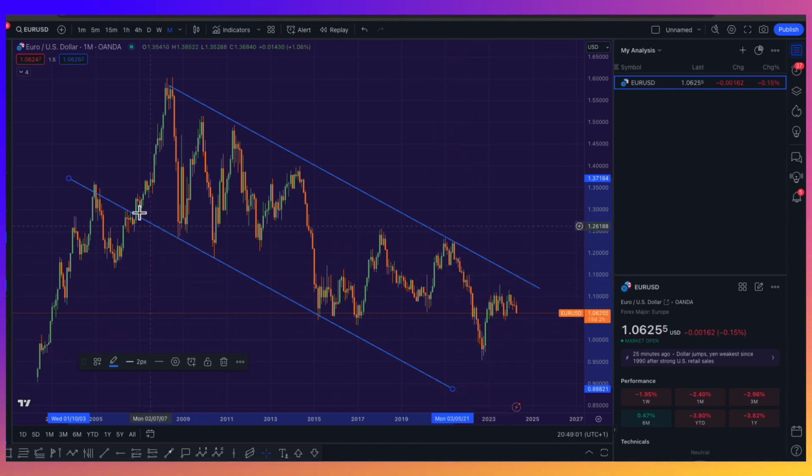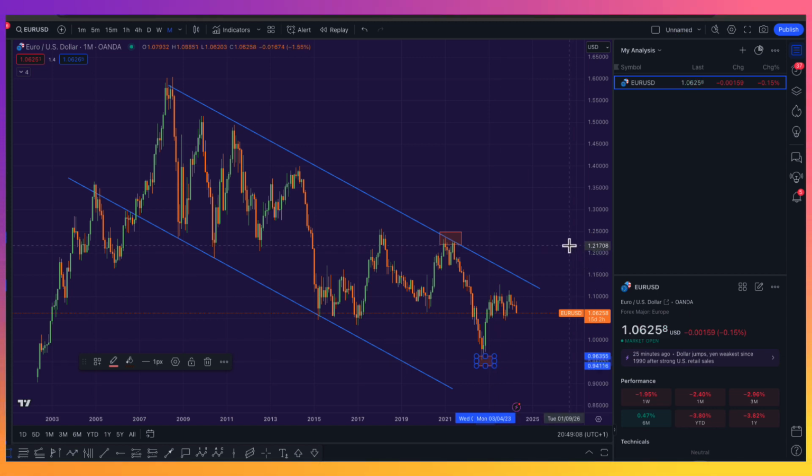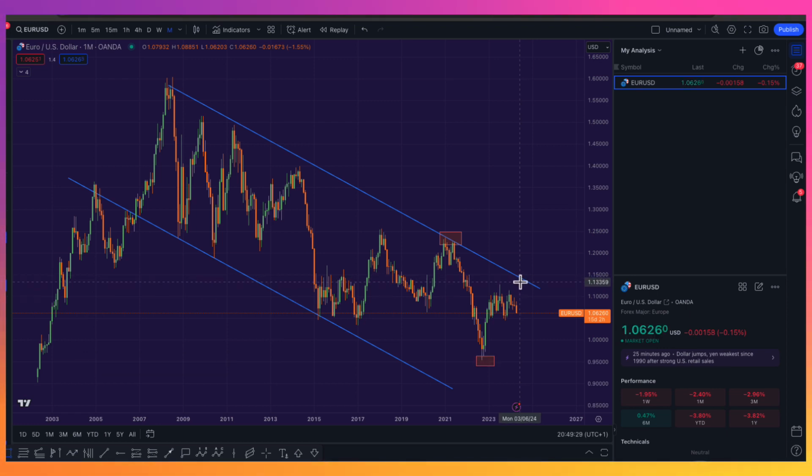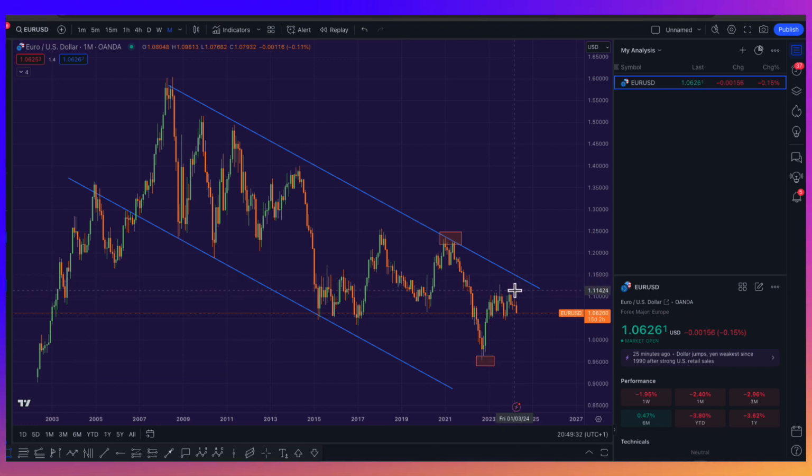So these are the 2 levels that I'm looking at in a very, very long-term analysis, to see what the market plays around these 2 zones, and if at some point it starts breaking one of these zones, it will give me some idea of where the market wants to go. Of course, before that, all these trend lines will also be important, and how the market reacts to these trend lines will also be one of the major signs.